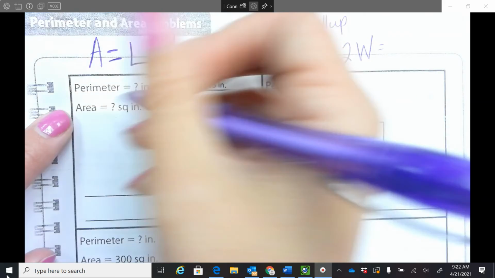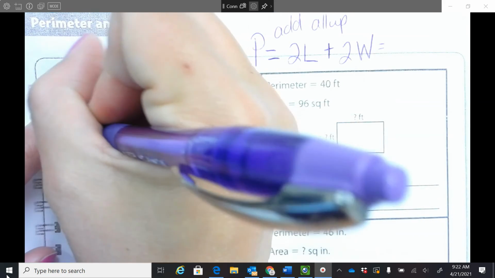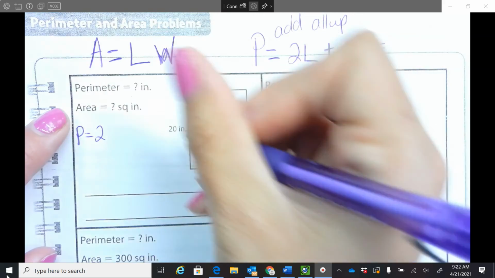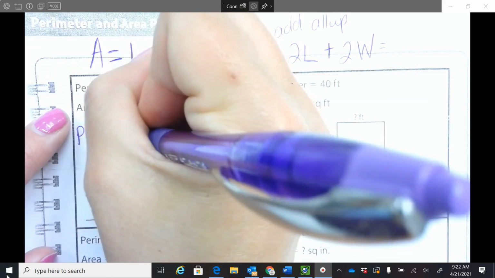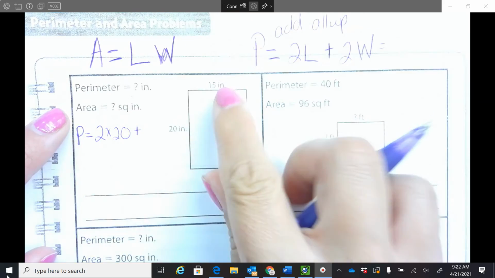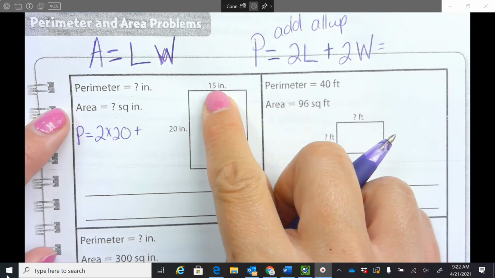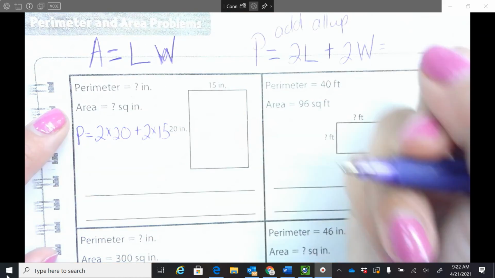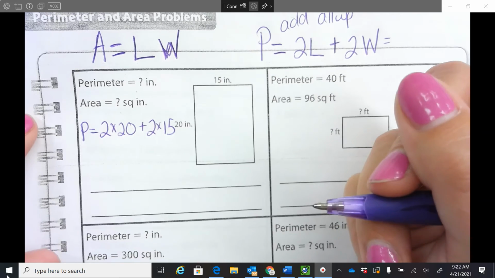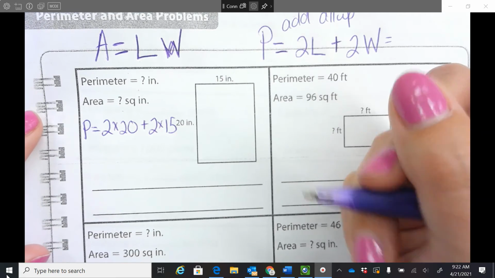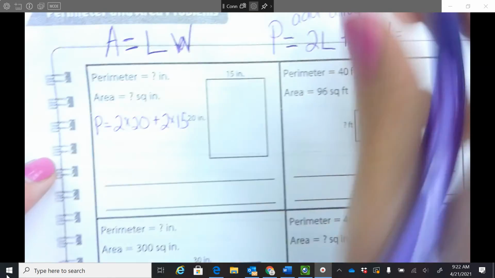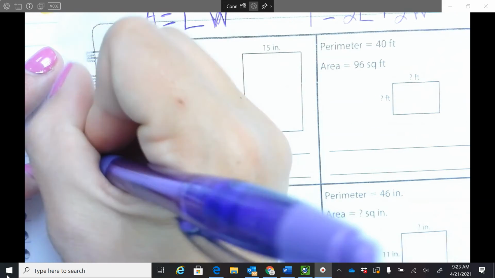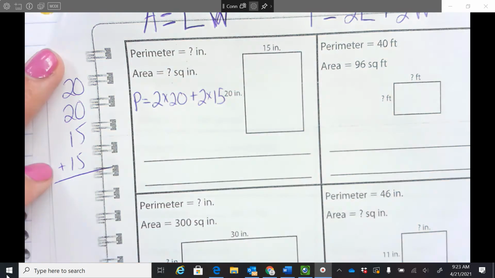So I'm going to do perimeter equals 2 times 20 plus 2 times 15. Like I said with perimeter, you can also add them all up. So you can do 20 and 20 and 15 and 15. You'll get the same answer.